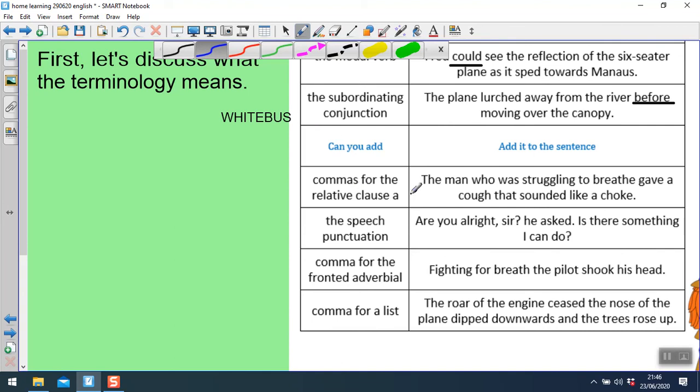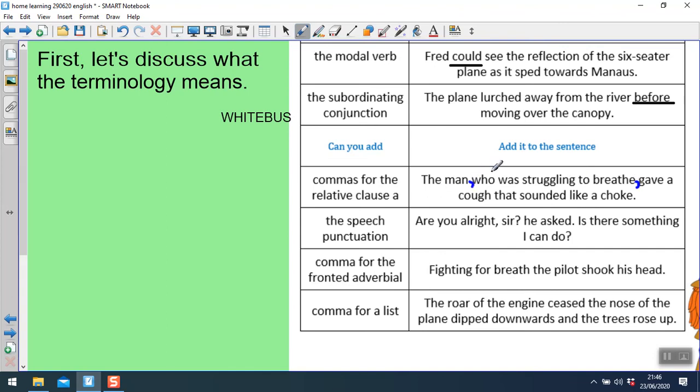The man who was struggling to breathe gave a cough that sounded like a choke. Relative clauses tell us extra information, so the man, comma, who was struggling to breathe, comma, gave a cough that sounded like a choke. If we got rid of this, it would say, the man gave a cough that sounded like a choke. It would still make sense.